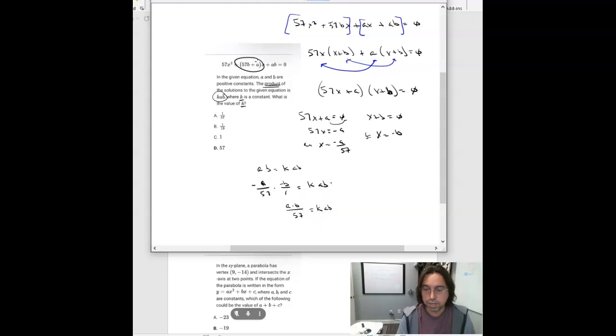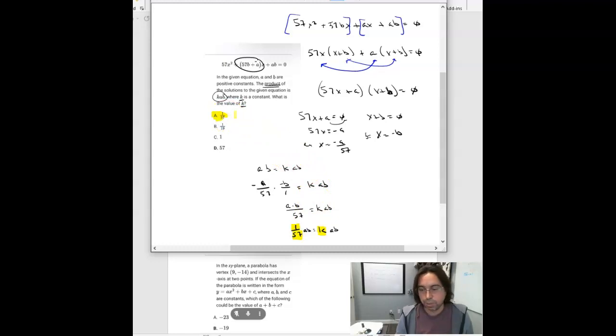So this breaks down to 1 over 57 times ab equals kab. You can see that k is equivalent to 1 over 57. And so that's our answer choice A.